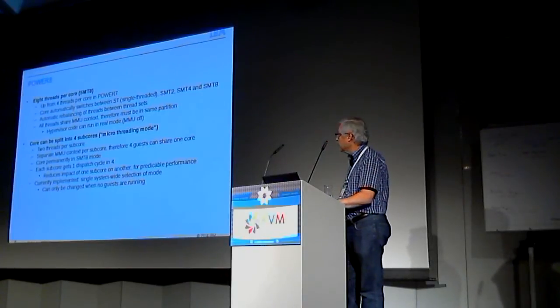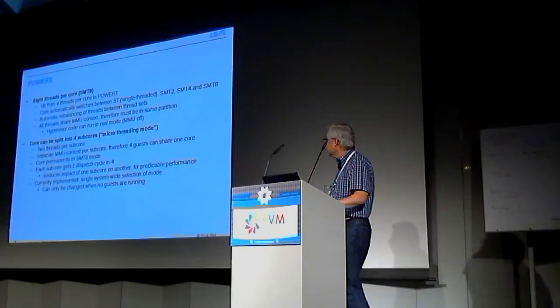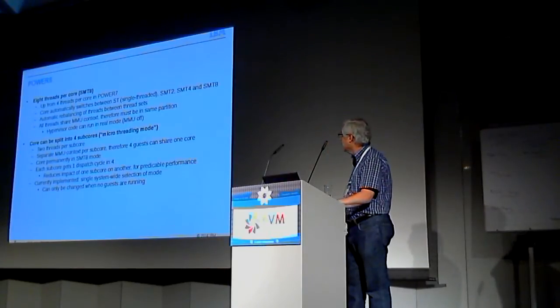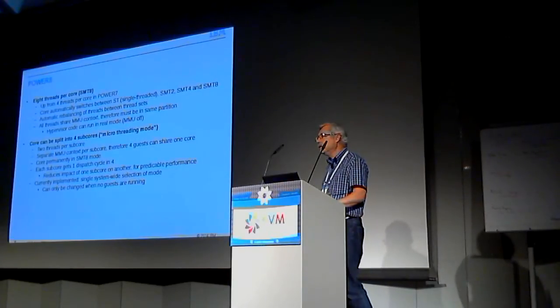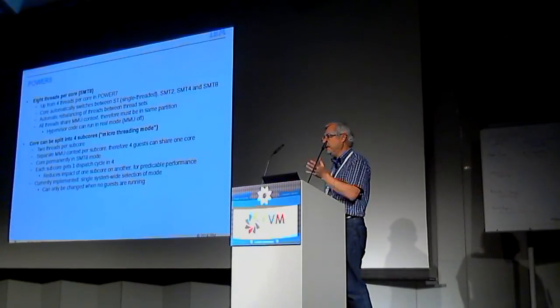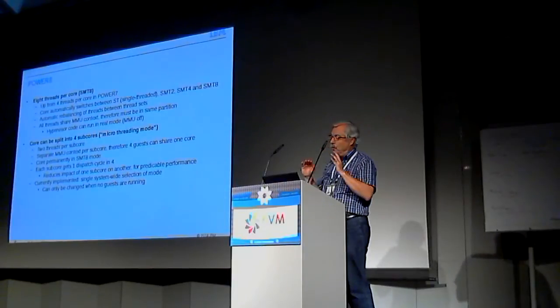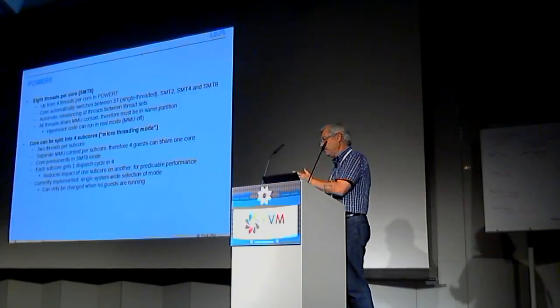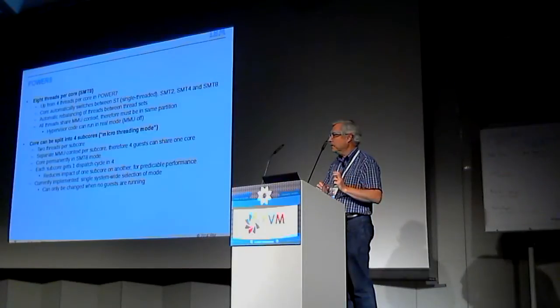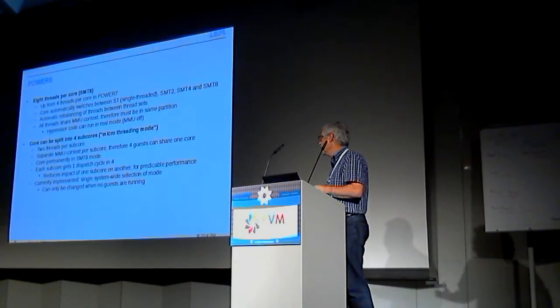Now, the critical thing, which is true in Power 7 as well, is that all the threads share the one MMU context. What that means is that they have to be in what I'll call a partition. So the host counts as a partition and each guest counts as one partition. So all of the threads have to be in the same guest, or they all have to be in the host. You can't have some in the host with the MMU on and some in the guest.